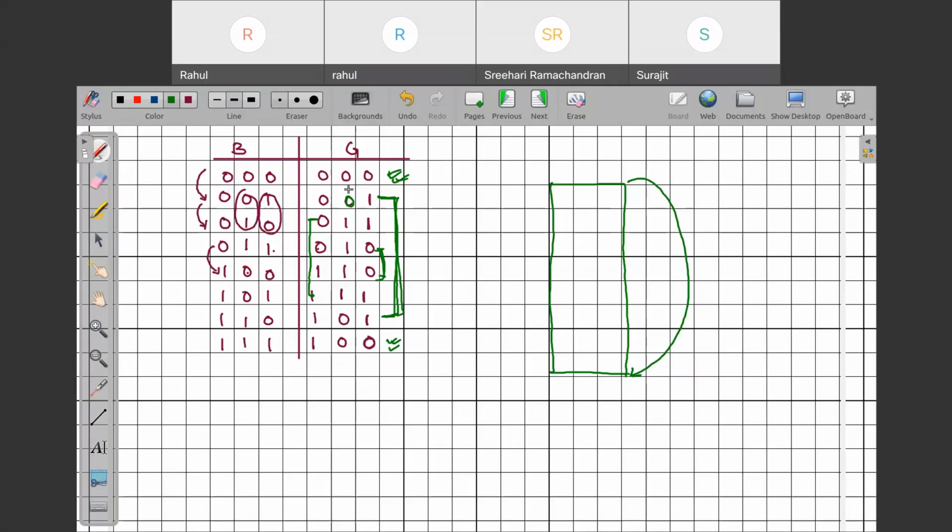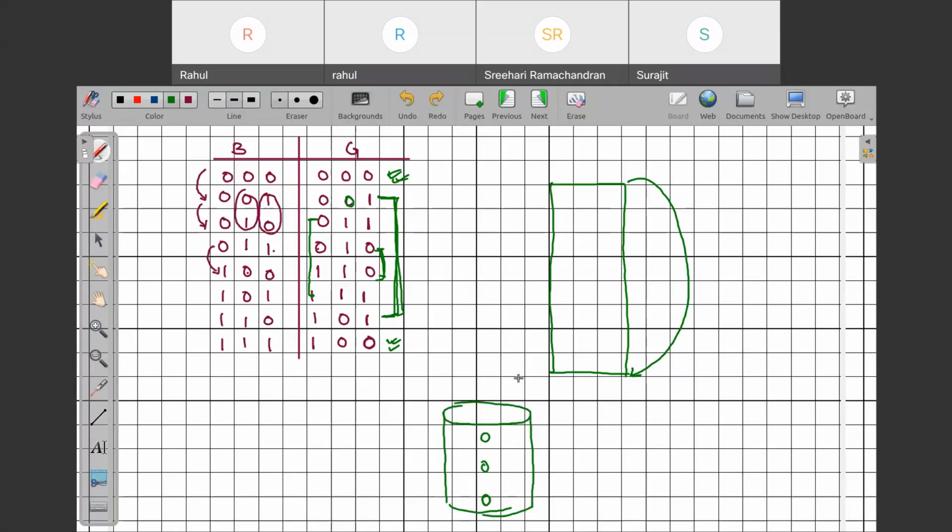Are you understanding? If you take a cylinder and write 000 at this end, opposite to it it will be 1.